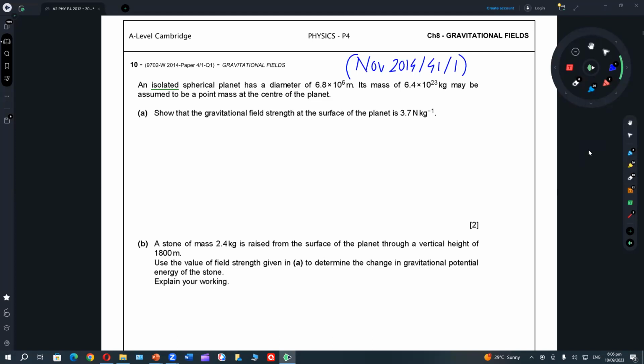Examiners are always impressed if you use some formula from the start. In A2, all formulas are not memory formulas. g is equal to F upon m.